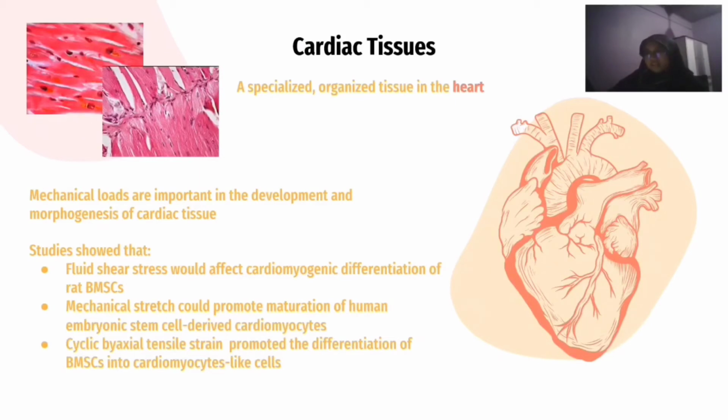Other than that, the differentiation of bone marrow stromal cells into cardiomyocyte-like cells using cyclic biaxial tensile strain was also demonstrated by Cao and his team in 2018.